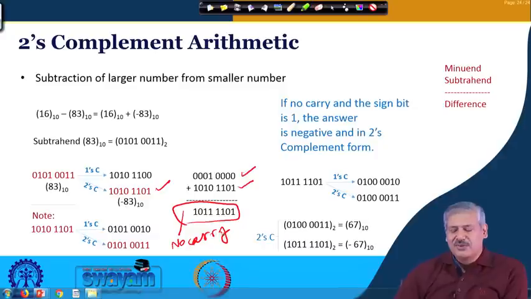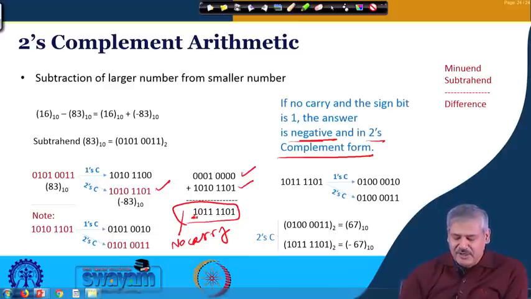Okay. So, when no carry is generated, right, and the sign bit that you see here is 1, we know that the answer that we have got is negative and in 2's complement form. So, this answer is, because of the presence of 1, negative, and the entire thing is in 2's complement form.